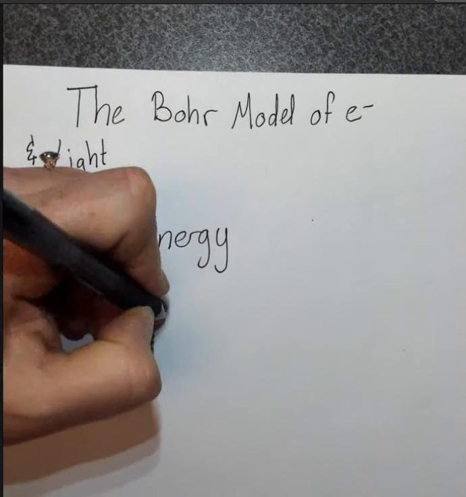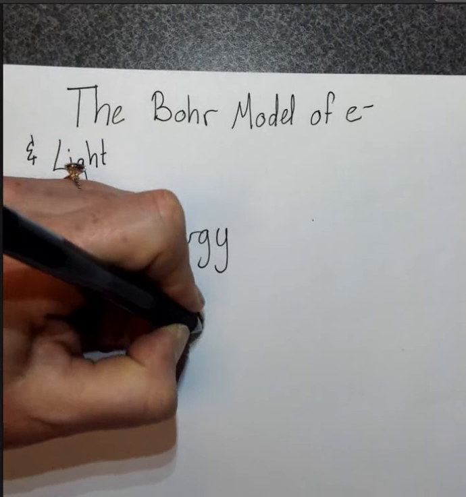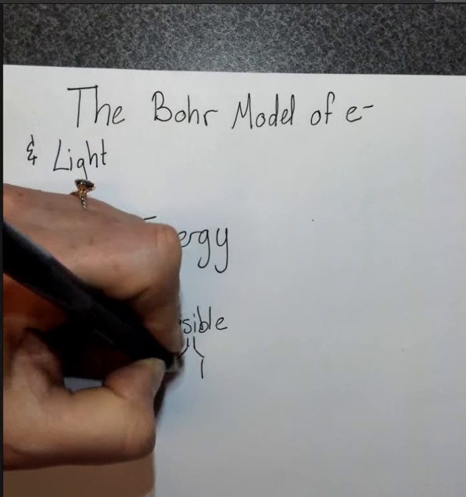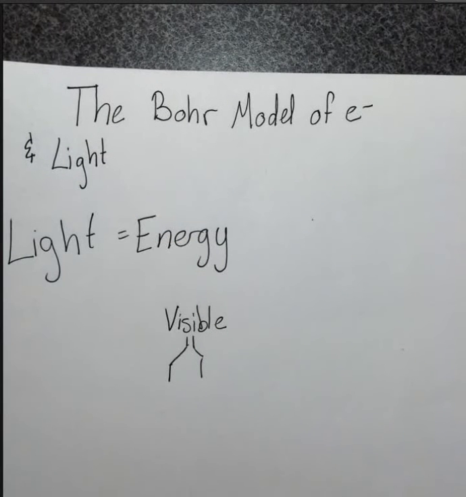What we can see is called visible light because that visible light is what our eyes are able to detect. There's nothing different about visible light from every other type of light except for the fact that our eyes can detect it and transform it into visual images.